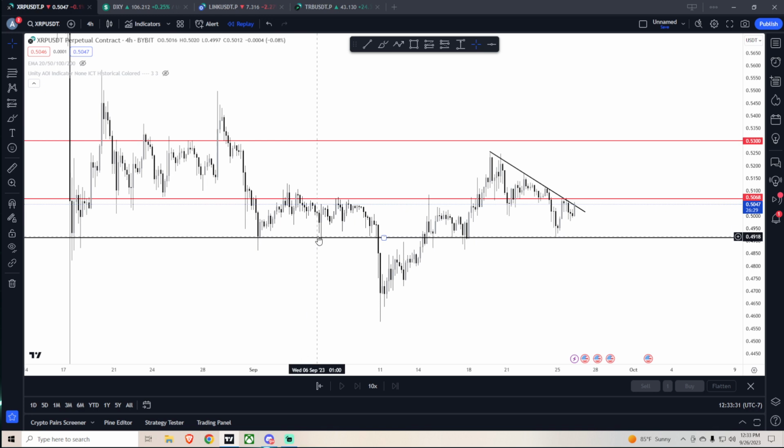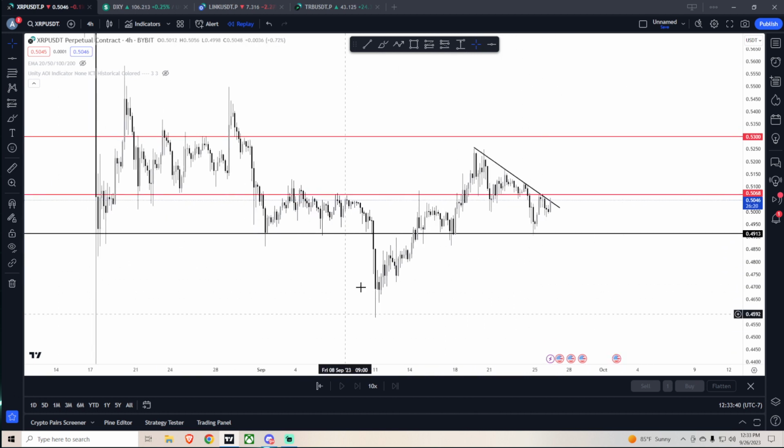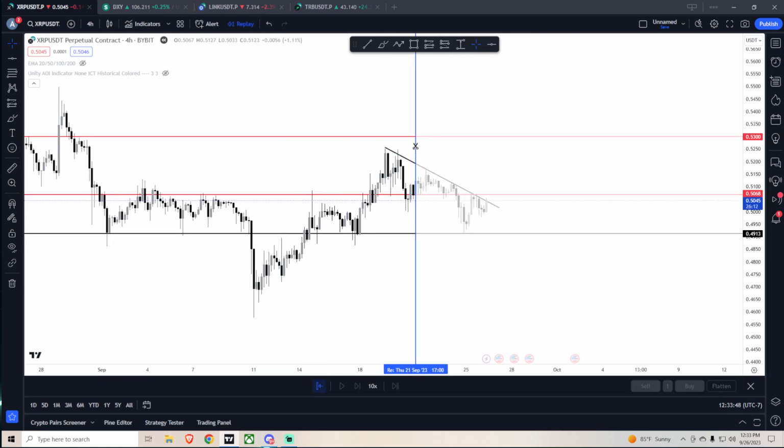It was previously support, bounced from it, deviated, reclaimed it, held it, another bounce from it. Okay, so the first thing you're going to do when you open a chart is draw your support and resistance lines. All right. Now let's say we go back in time again because we'd love to.